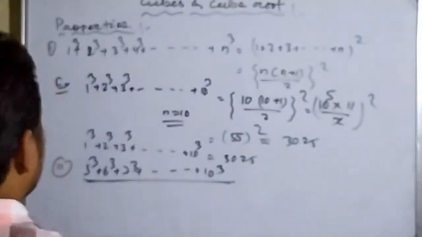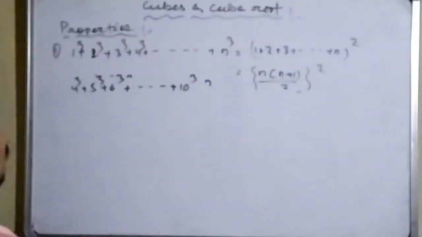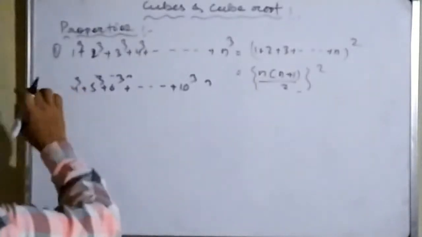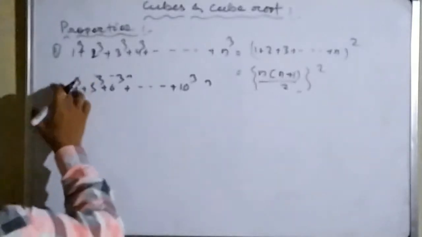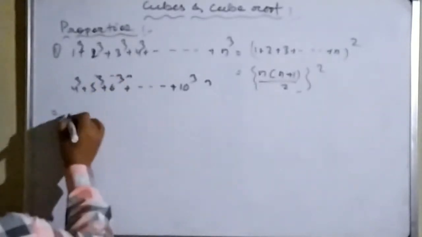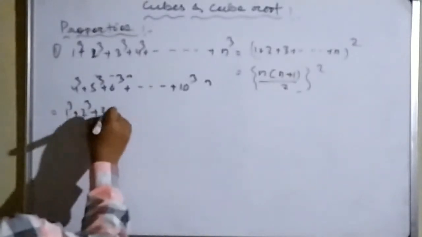First of all, see how I am doing this. My question is 4 cube plus 5 cube plus 6 cube plus dot dot plus 10 cube. What is the result? Here the series does not start from 1, so first we have to add those terms which are not given in this series. That means we have to add 1 cube plus 2 cube plus 3 cube.